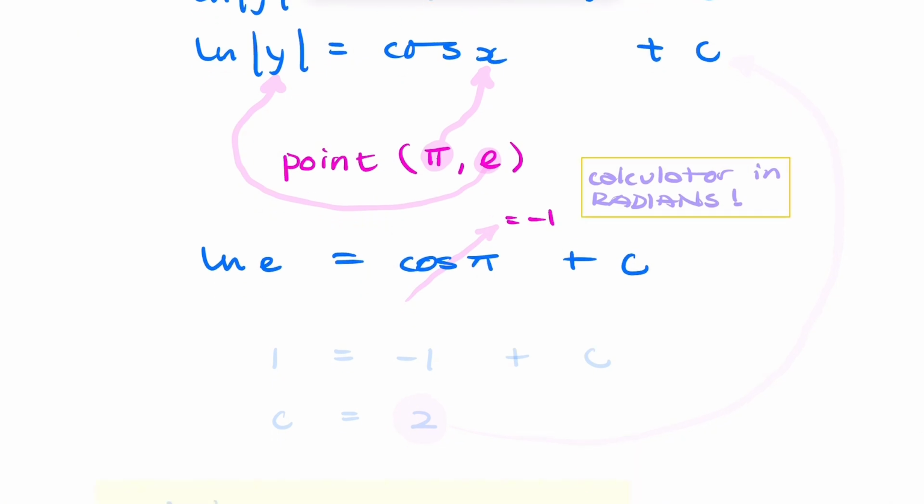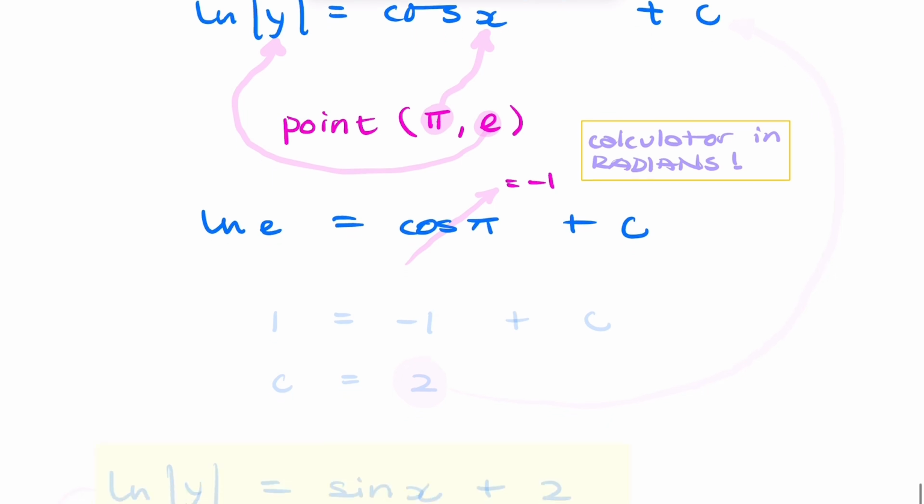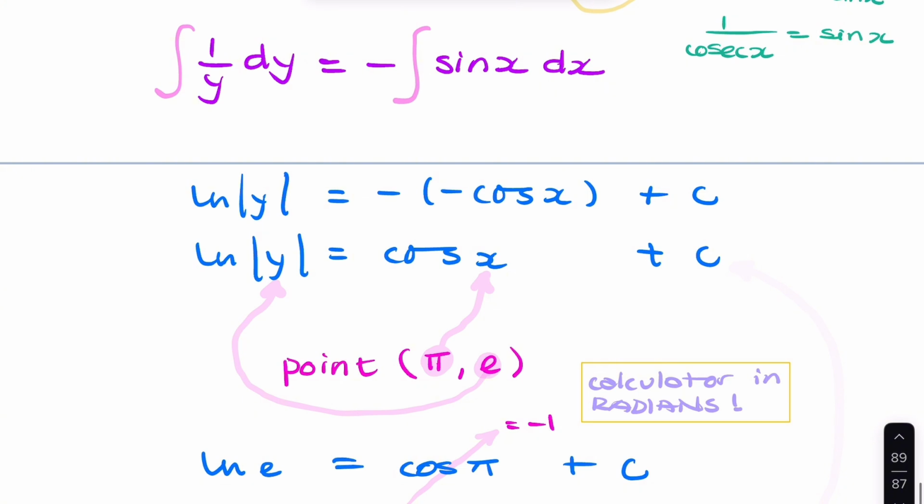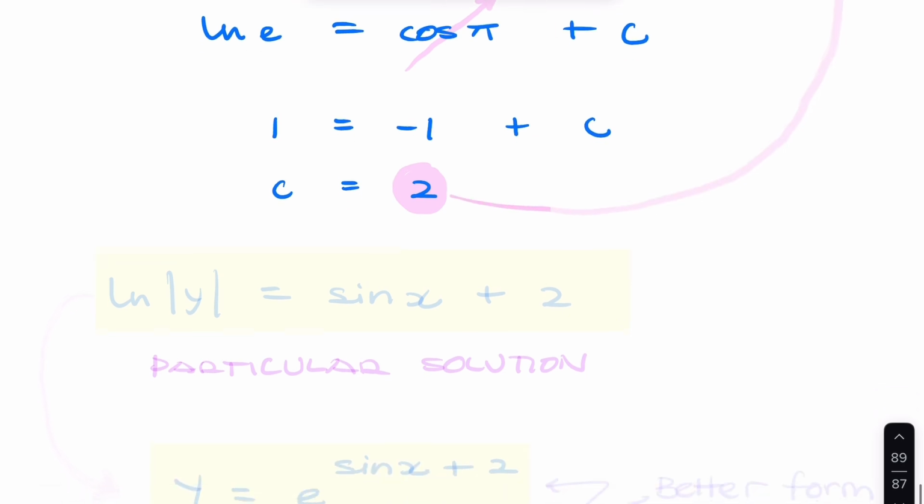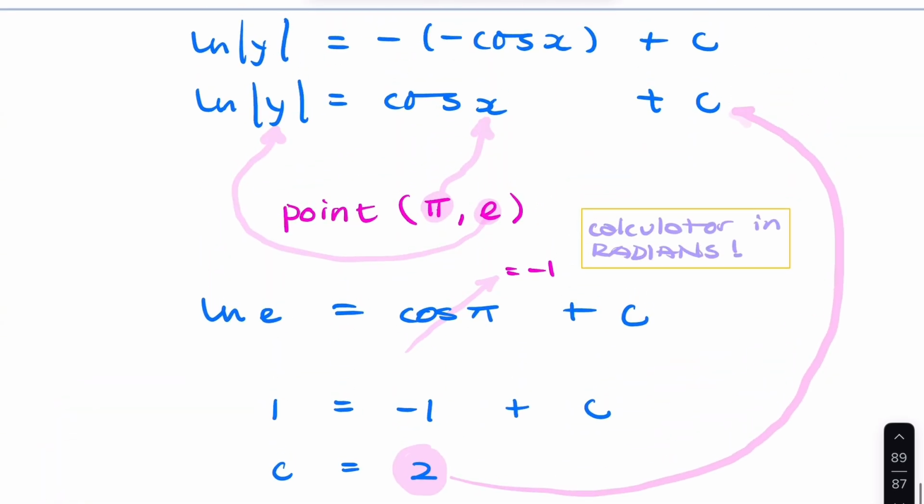So now we know that ln e is 1, so we can write 1 is equal to -1 plus c. And I can rearrange that to find c. So c is 1 plus 1, which is 2, and I can substitute that back into my general solution, and that will give me my particular solution.